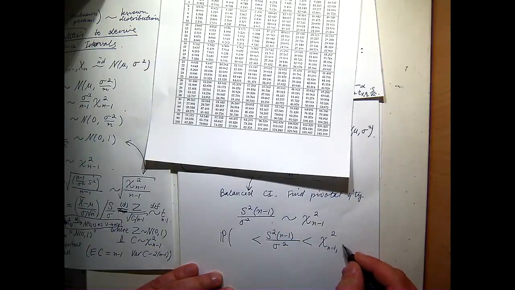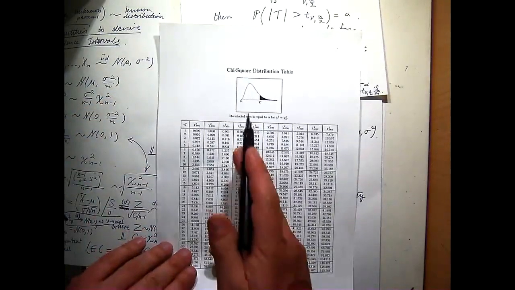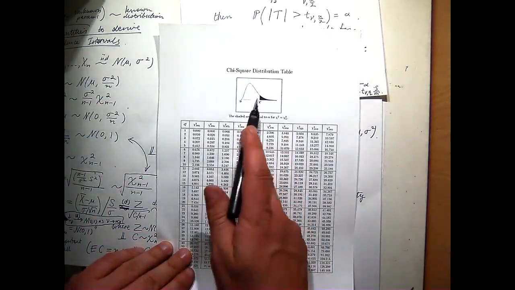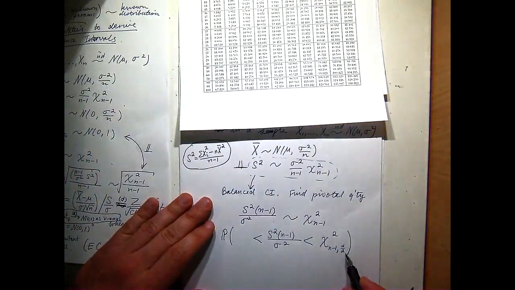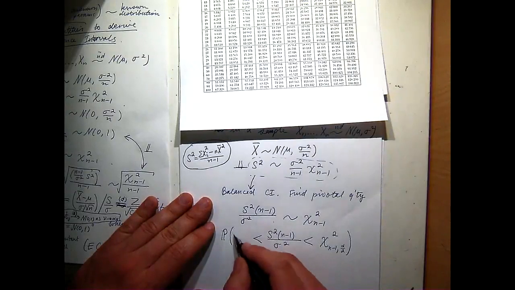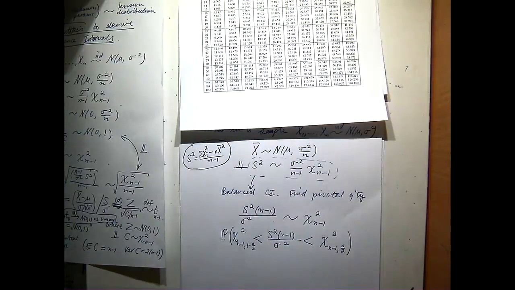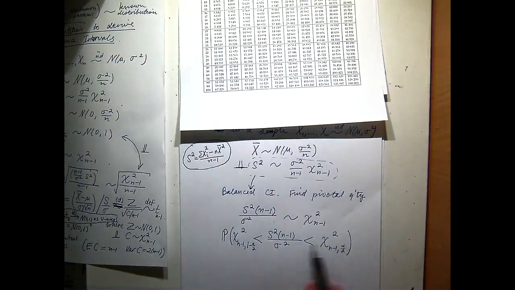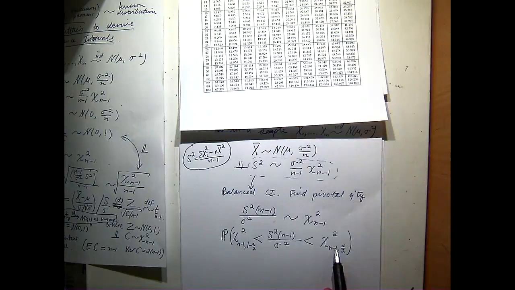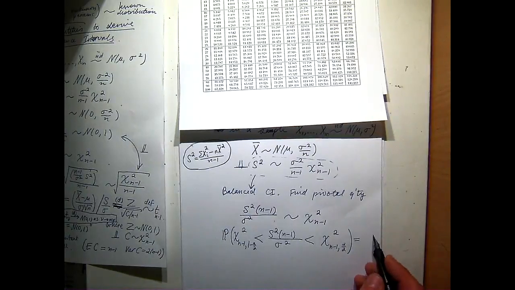By convention, which I'm using in these tables, chi-squared n minus 1, comma alpha over 2 is the right tail, so it will have area alpha over 2 on the right. On the left side, I'll have chi-squared n minus 1, comma 1 minus alpha over 2. Okay? So those are two quantiles, and unlike in the t case, they're not easily related to one another. So that equals exactly 1 minus alpha.